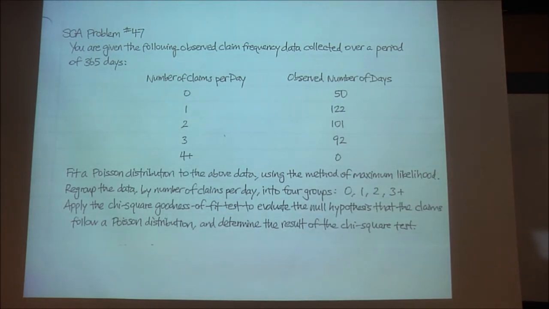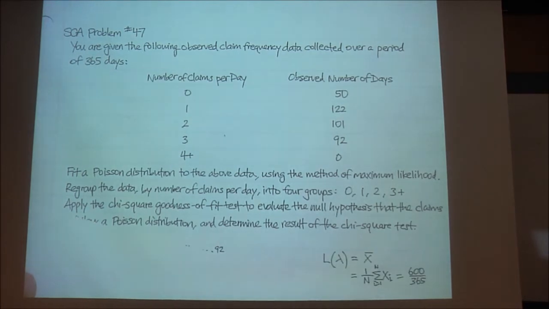One shortcut is knowing that for the Poisson distribution, the MLE is just the sample mean. So you could just calculate the sample mean, and that's your lambda. But I'm going to go through the process of calculating the MLE just as a review in case it comes up.